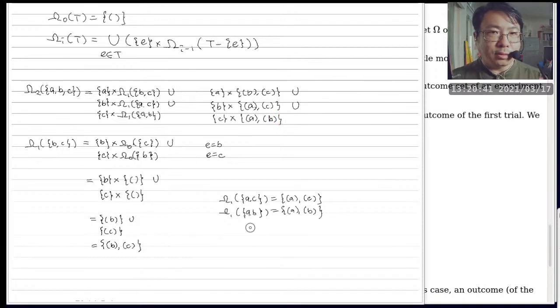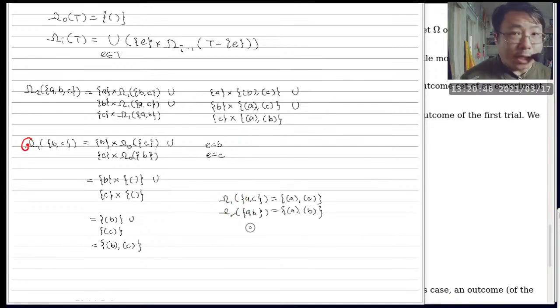So that's just me substituting all the omega 1s back into where they were referred to the first time during the recursive expansion.